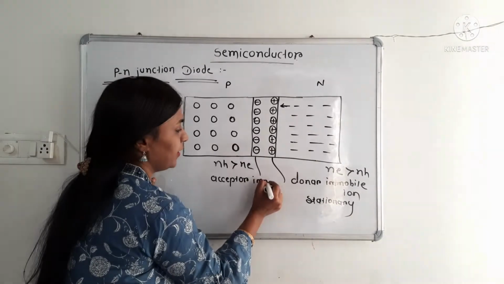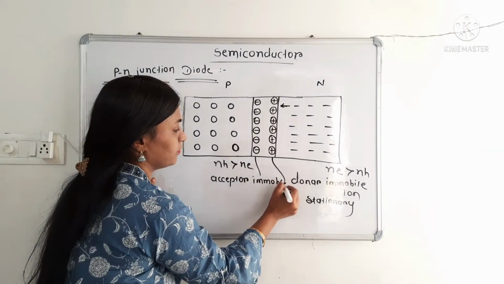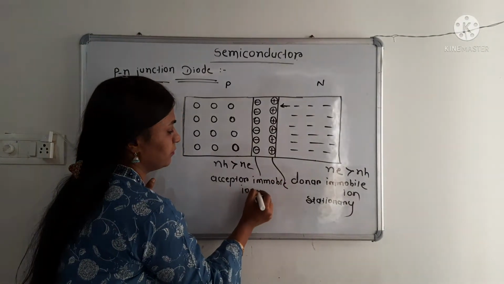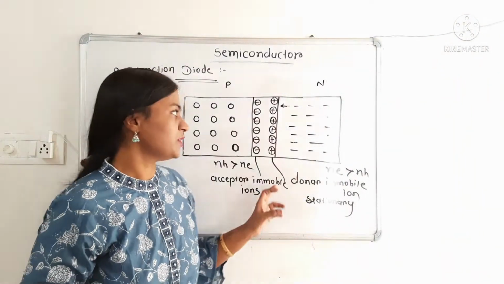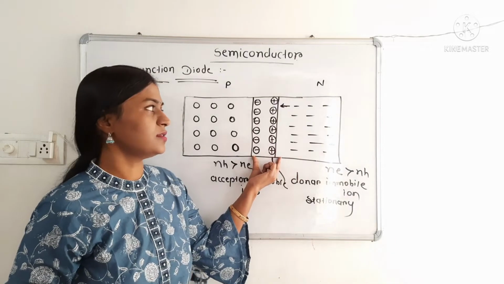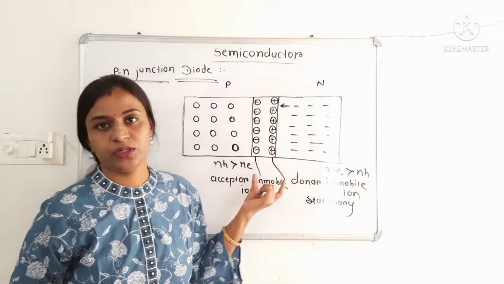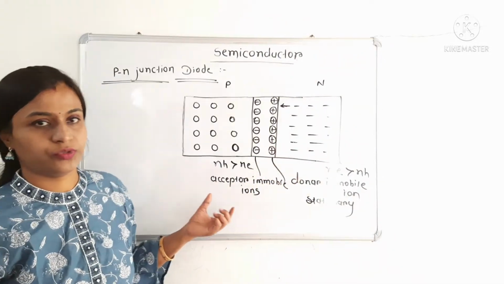Acceptor immobile ions. These are also stationary ions. See, this is the recombination process. This is the diffusion process.